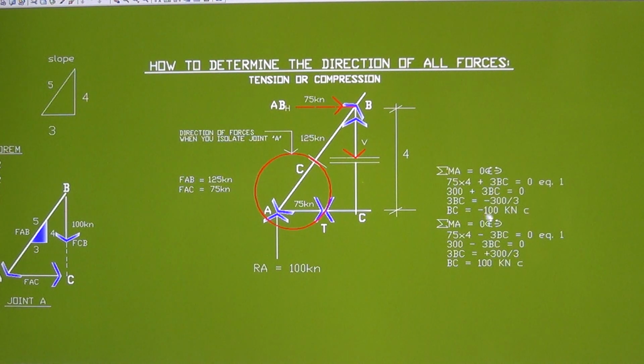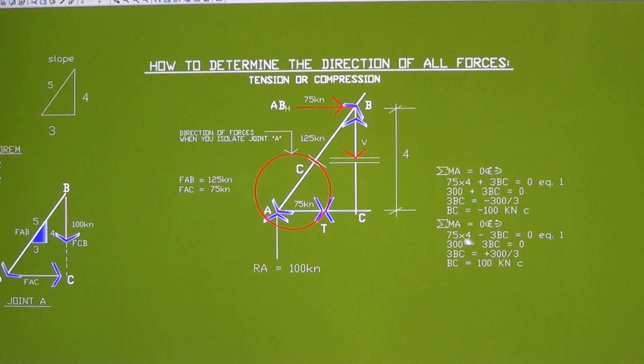So this is negative 100, and since we get negative here, that is opposite to our assumption. The assumption that we have here, downward, is wrong. It's actually upward, which is compression. Here's the correct assumption: assume this to be compression going upward. When you take moment at A, the ABH is going clockwise and the BC is going counterclockwise.